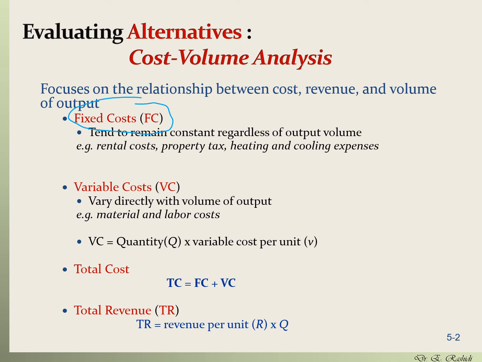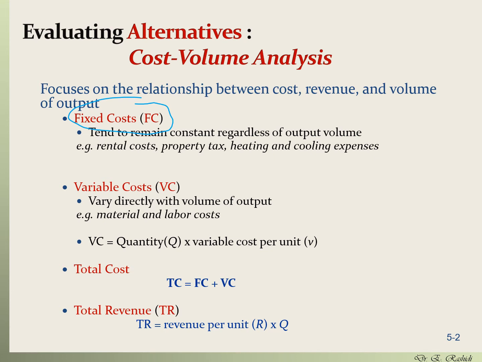On the other hand, there are costs that are dependent on the number and the volume of your production. These are called the variable costs. So the more you produce, the higher the volume, the higher the cost in production.